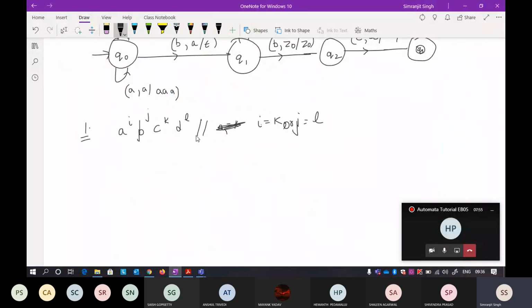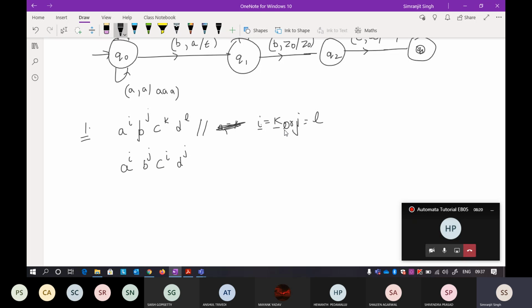You can write this question like this: because i and k are equal, you can write a raised to power i and then c raised to power i, since they are both equal. For b raised to power j, I can write it here as well.